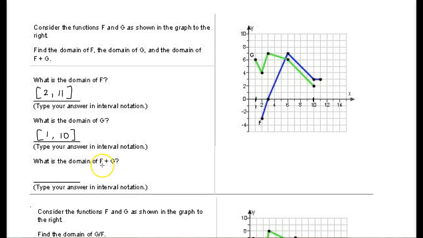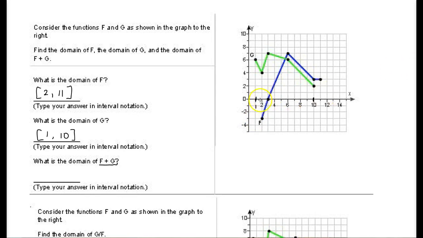For the domain of f plus g, if we look at this graph, we have to have a defined value for the function f and the function g at those x values. And so a simple way to put that is we're only going to have defined values for f plus g wherever these two graphs overlap. Okay, so as you can see here, from 1 to 2, only g exists and not f.